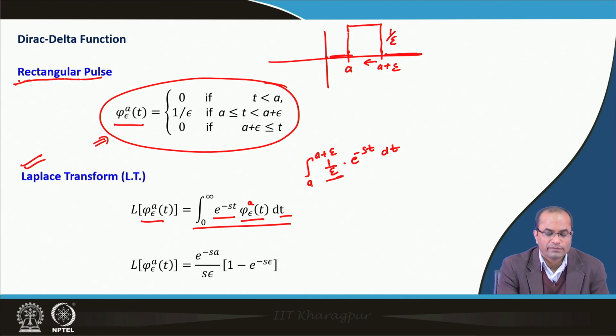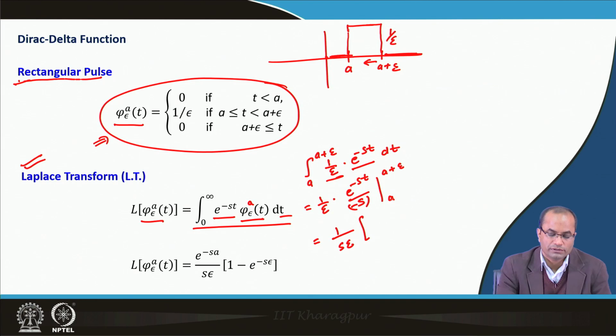So, the integral will remain from a to a plus epsilon of e power minus s t. Here we have 1 over epsilon, and then e power minus s t over s with a minus sign, as its integration, evaluated for the limit a to a plus epsilon. So, here we have 1 over s epsilon, and the minus sign we will adjust now.